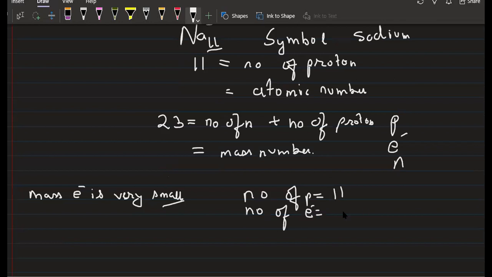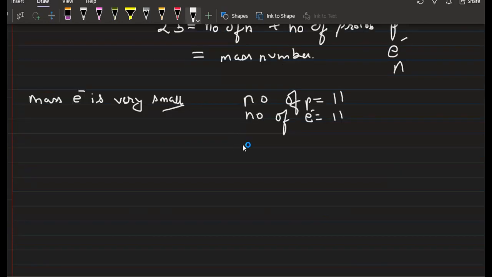Number of electrons, 11 only, na? Right? I just said in a neutral atom, the number of electrons and the number of protons are the same. Got it? Right? Now, third is the number of neutrons. Tell me, what is the number of neutrons?